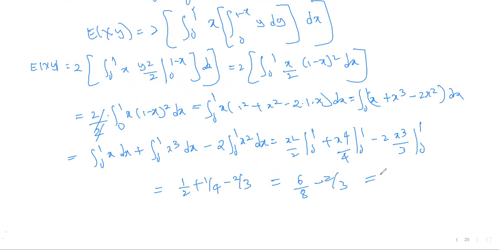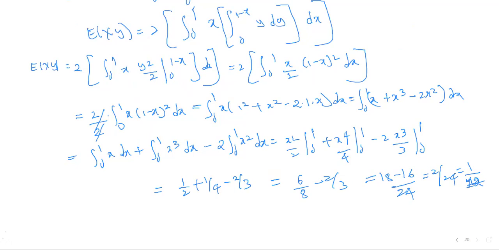You can solve here. Then 18 minus 16 by 24, that is 2 by 24, so the answer is 1 by 12. So in this way, we can solve several examples with the help of the continuous case, right?